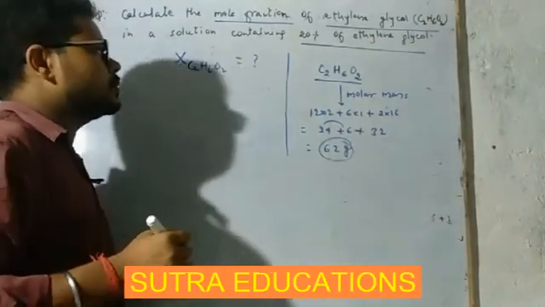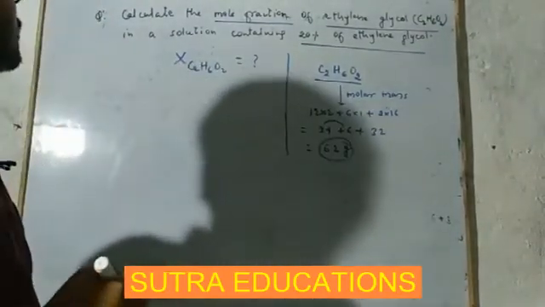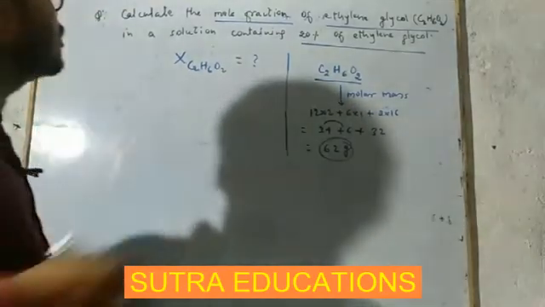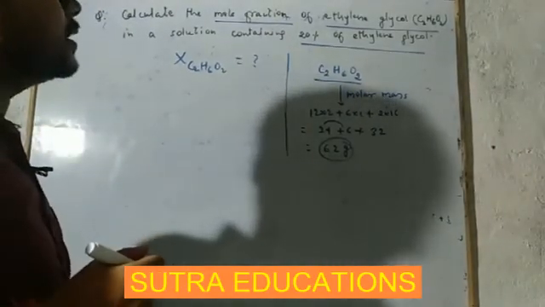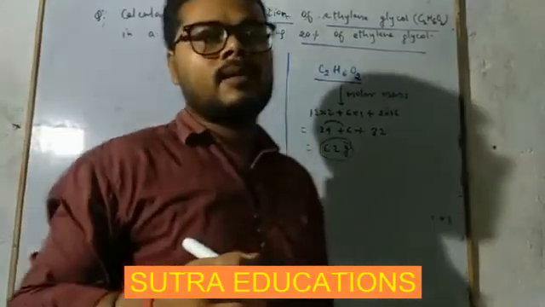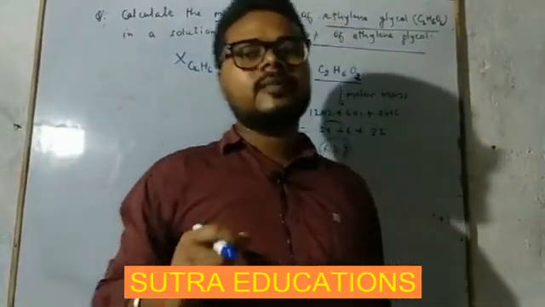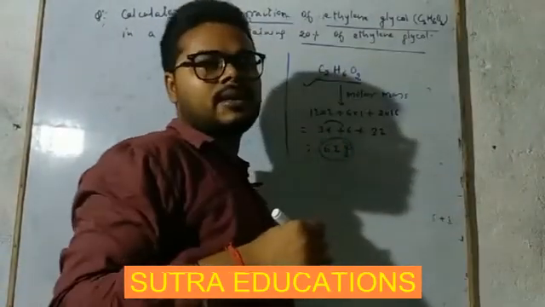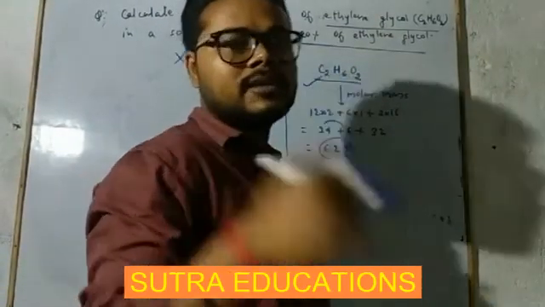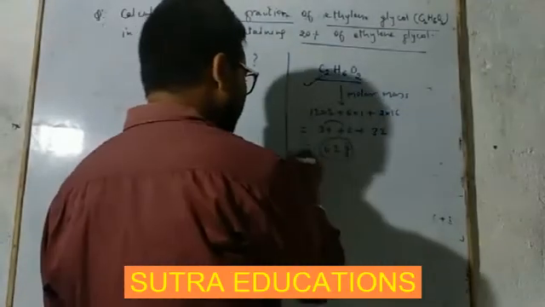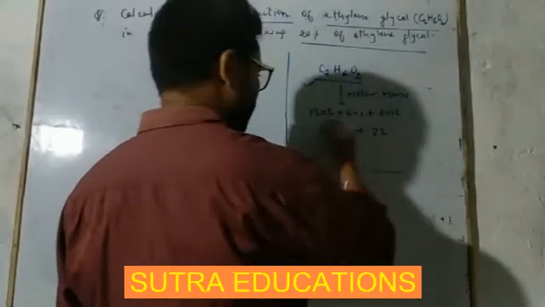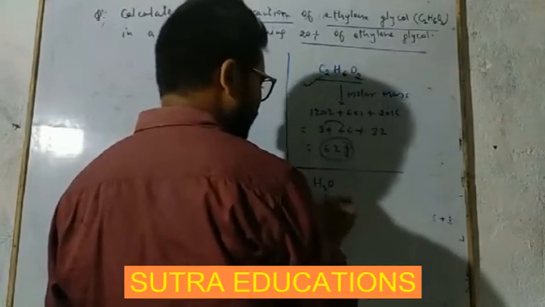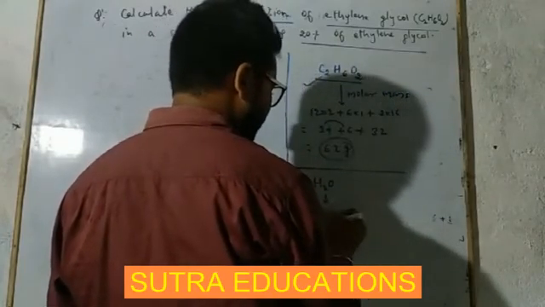Now, calculate the mole fraction of ethylene glycol C2H6O2 in a solution containing 20% of ethylene glycol. So if it is forming a solution, it means one component is C2H6O2, and if the other is not given, we will say it is water. So the other component present is water, H2O, and the molecular mass of water is 18 gram.